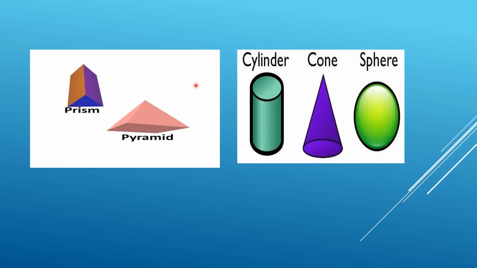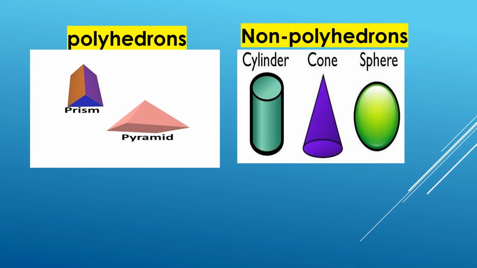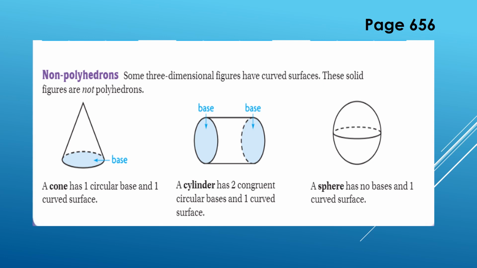So, can you tell which ones are polyhedrons and which ones are non-polyhedrons? Yes, prisms and pyramids are polyhedrons. Cylinders, cones, and spheres are non-polyhedrons. And you can see all these shapes on page 656. Remember, a sphere is a three-dimensional figure.